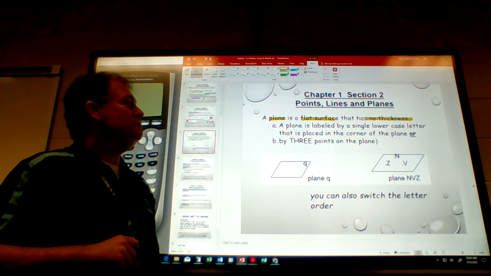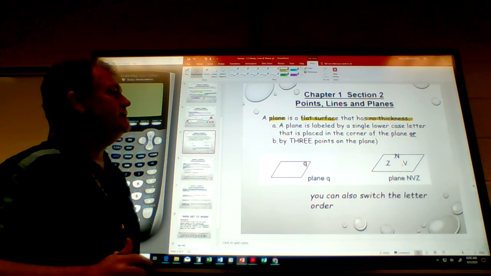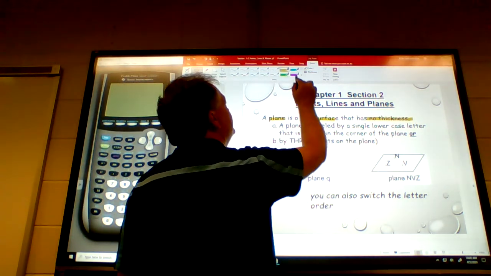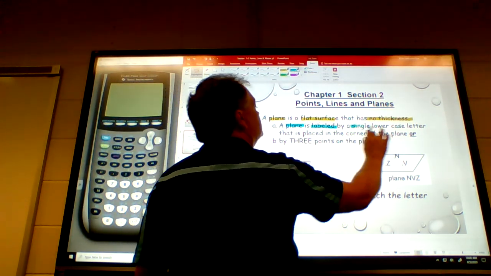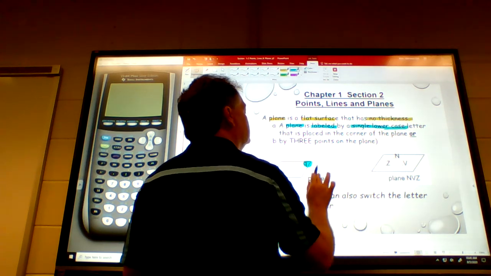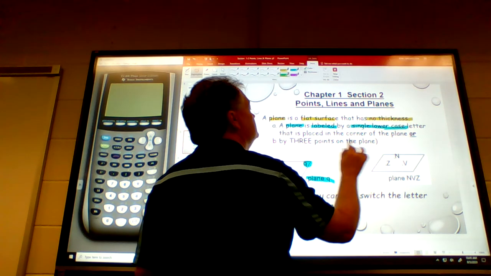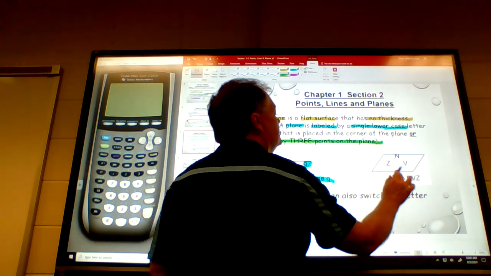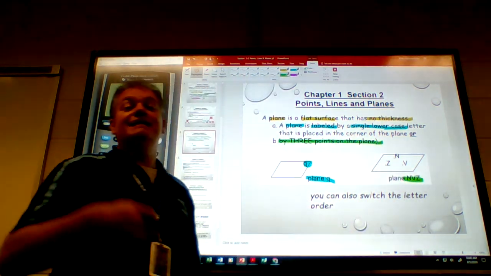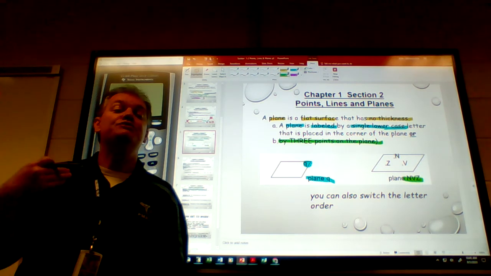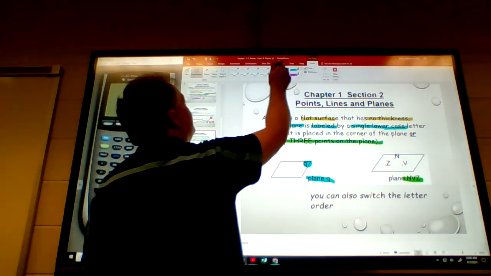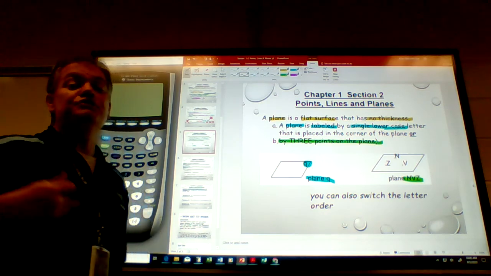A plane is labeled by a single lowercase letter like you see here, or by 3 points. It says 3 points, but you can actually use more than 3. Now with the line, it's very specific. You can only use 2.